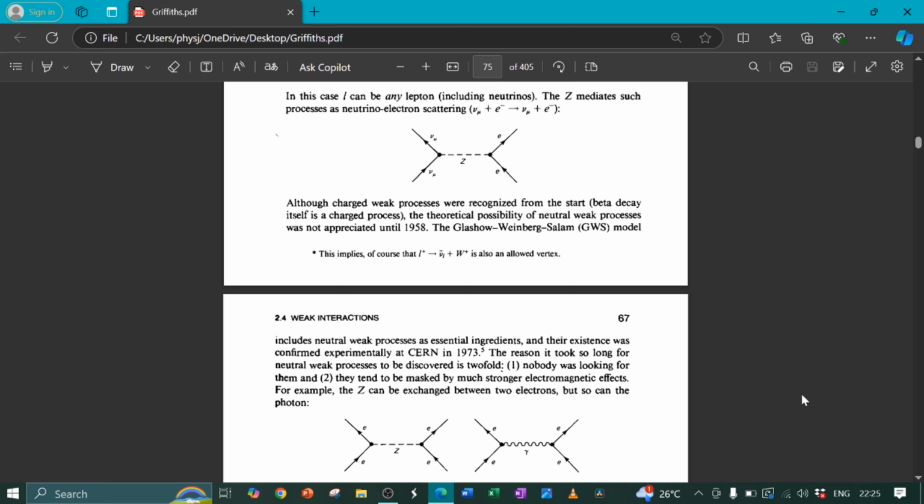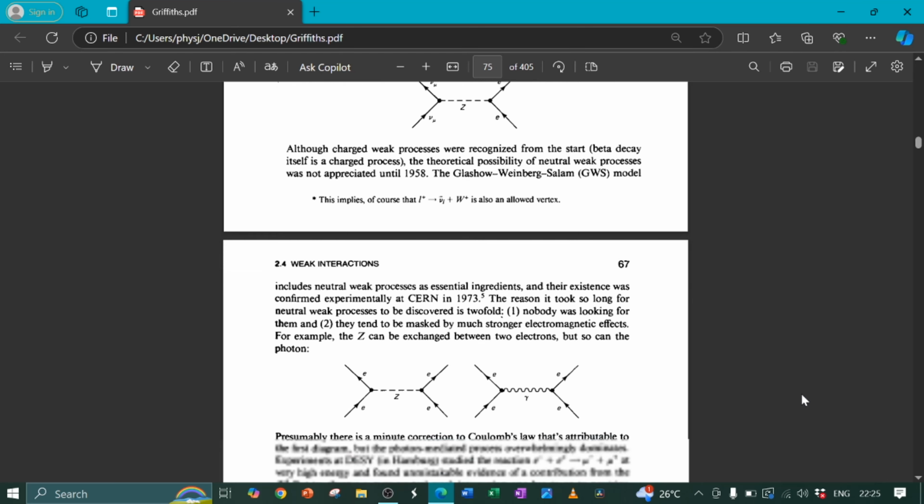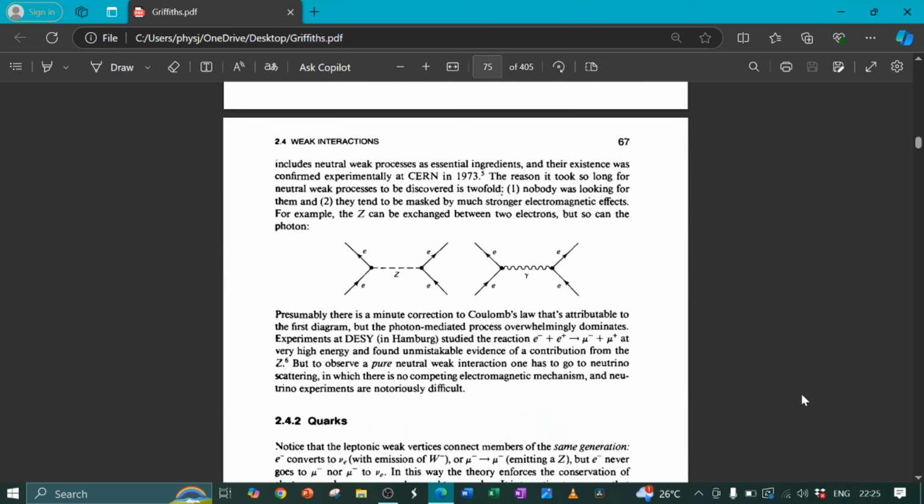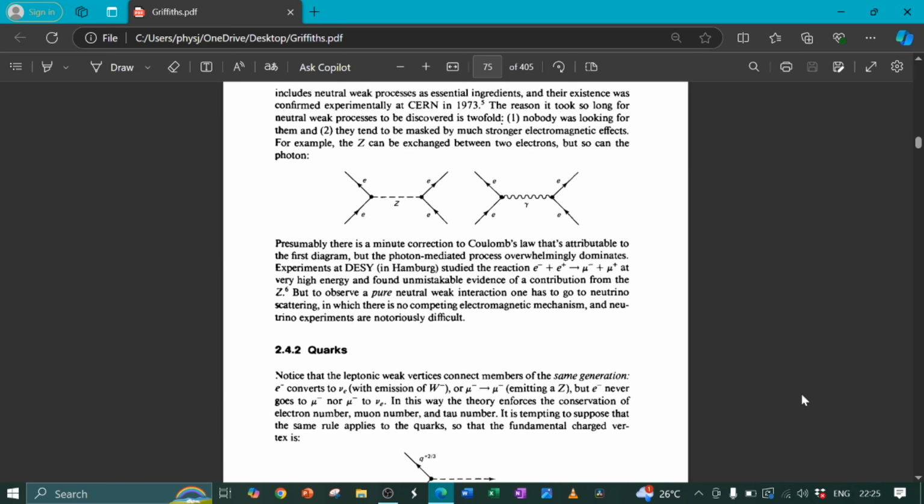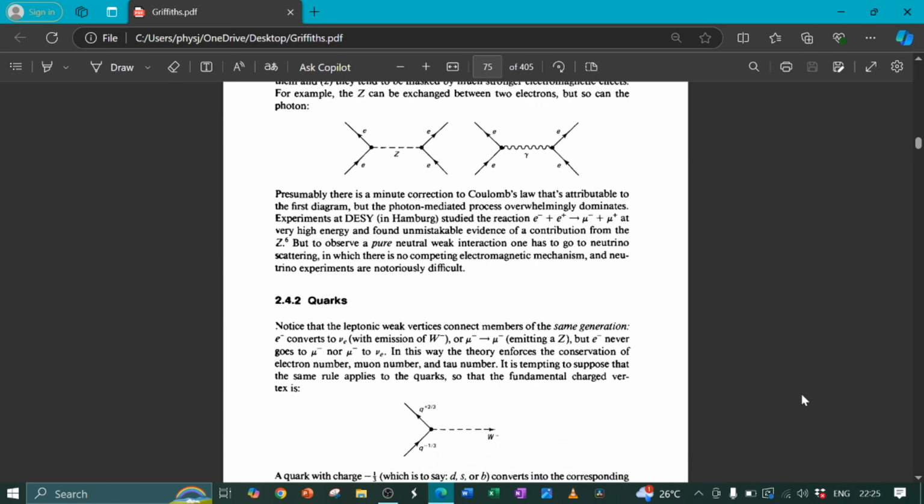For example, the Z can be exchanged between two electrons, but so can the photon. Presumably, there is a minute correction to Coulomb's law attributable to the first diagram, but the photon-mediated process overwhelmingly dominates.